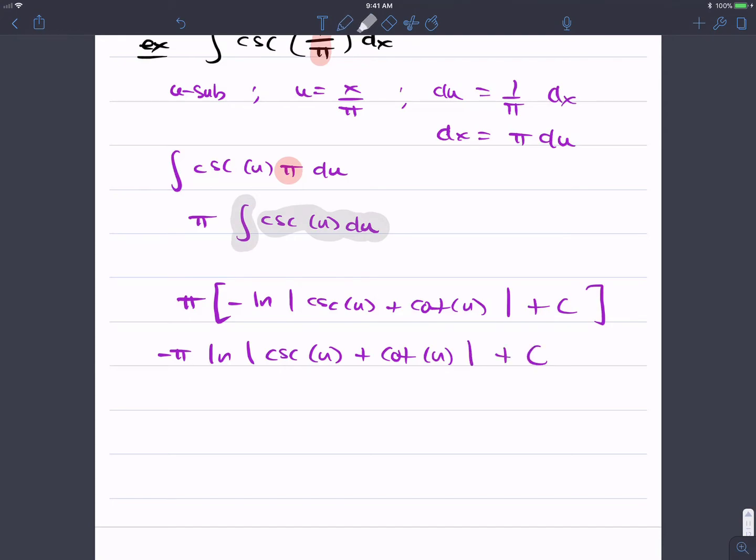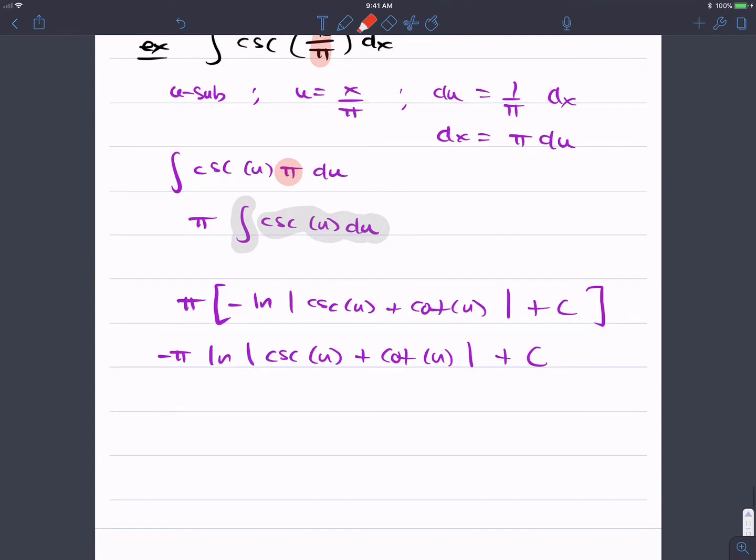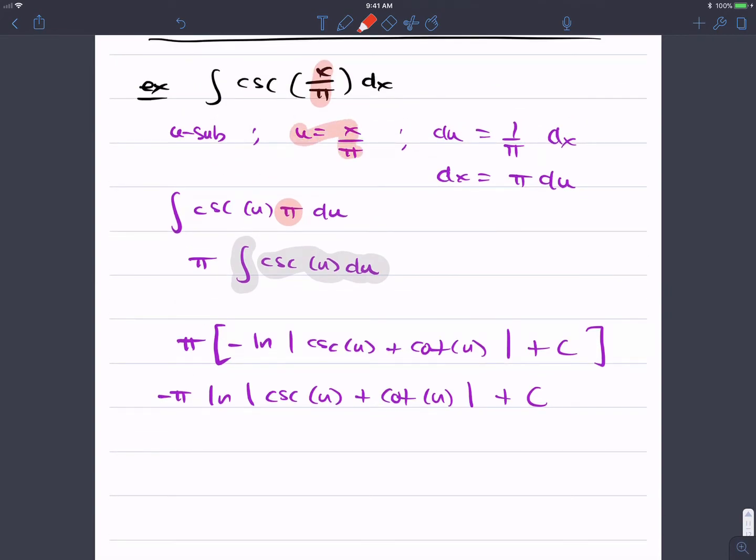Let's not forget, what is u now? U here is x over pi. So I'm going to replace it with x over pi.